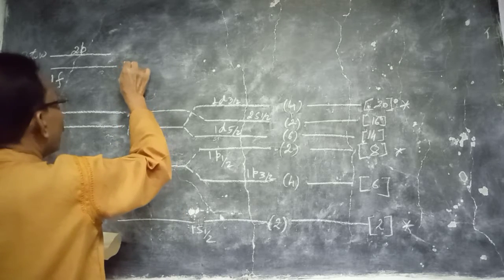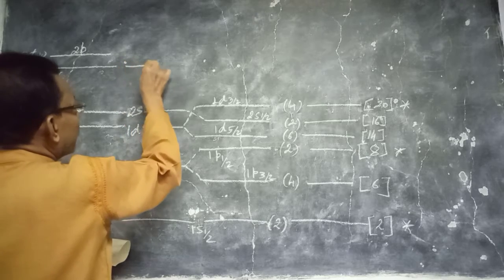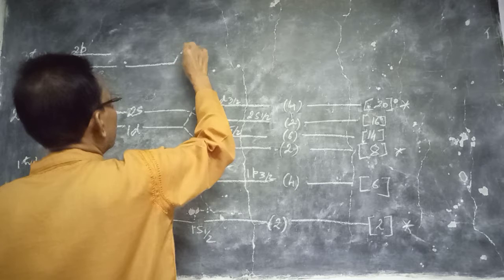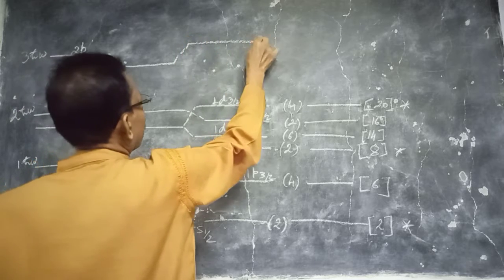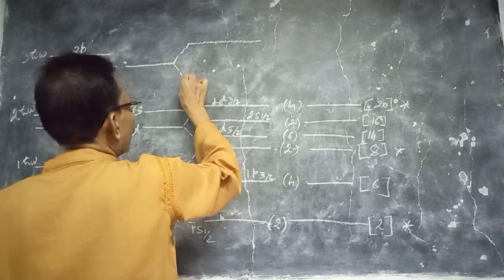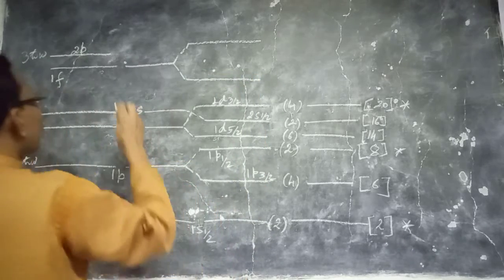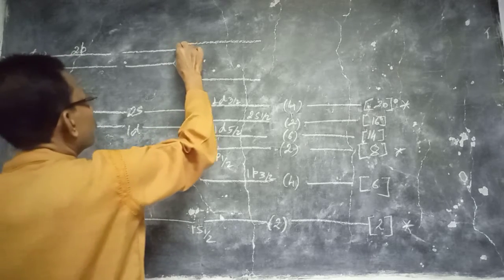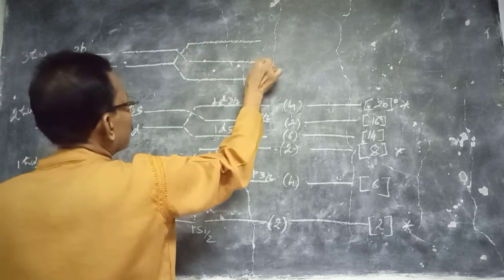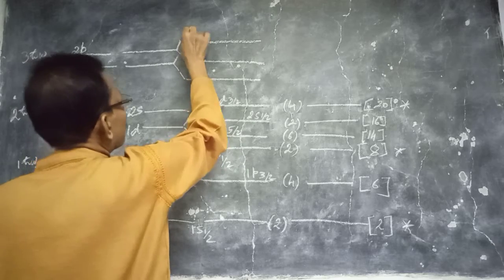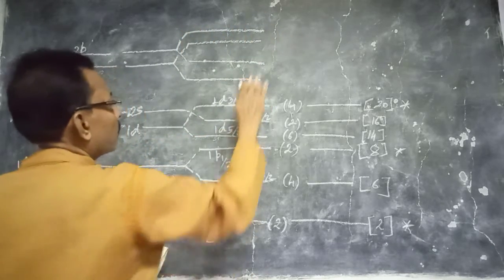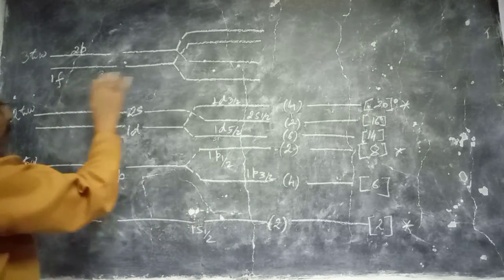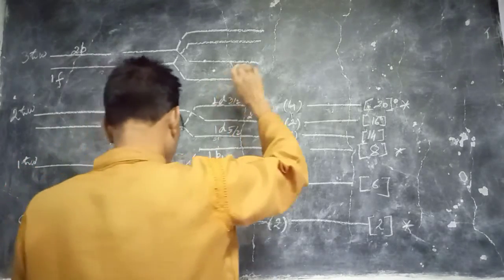So this 1f will be split into two. This is the f state. So the higher spin state will be lowered.